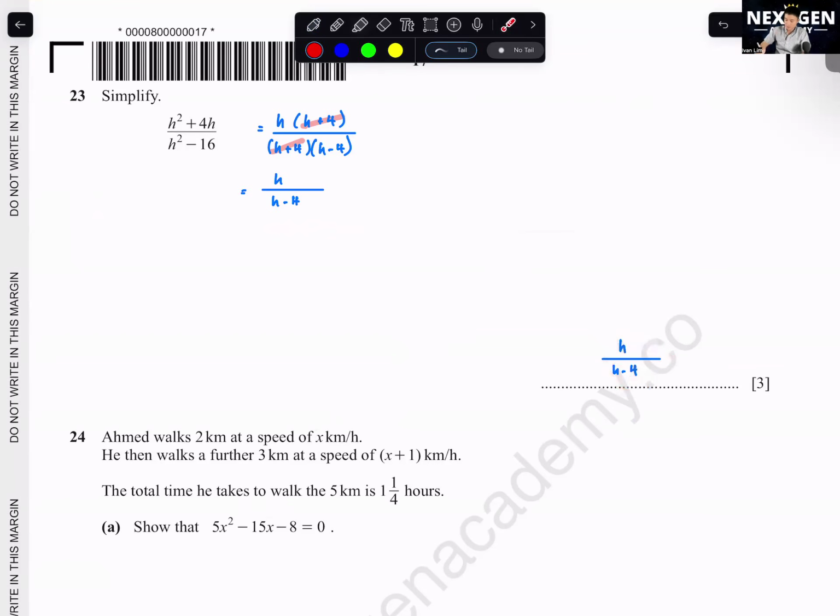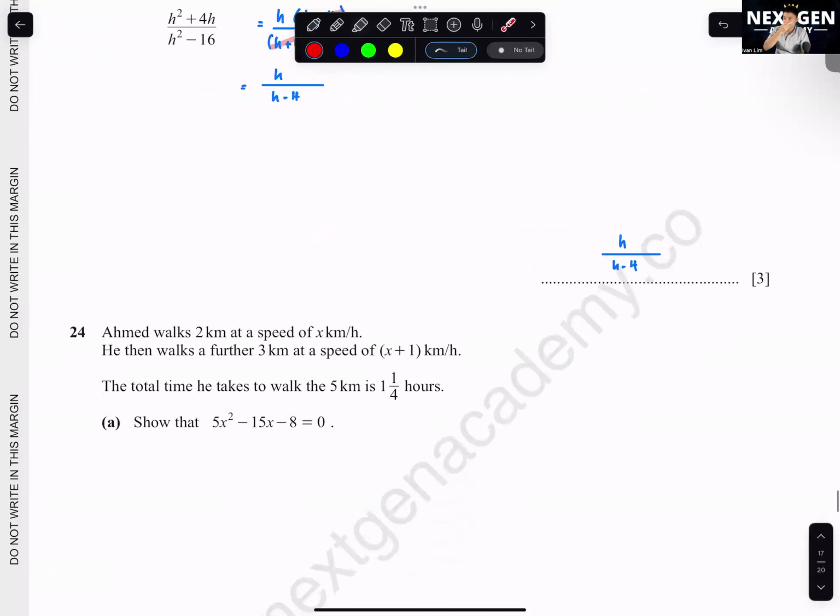But this way you cannot. Don't go and cut the h. Yes, h minus 4 is together. You cannot split it up, you cannot make it h over h minus h over 4. This is going back to the basics of fractions.